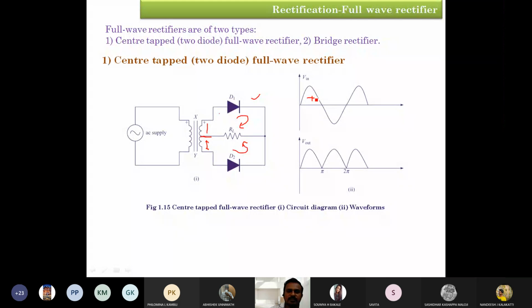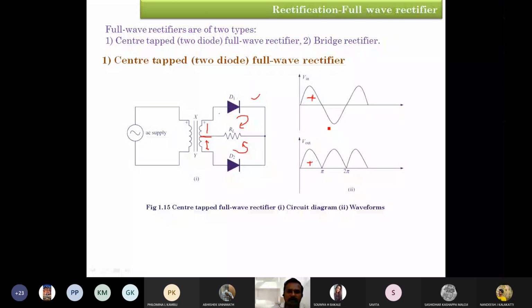V in is nothing but the secondary voltage at the secondary winding of the transformer, in the first half section or second half section. For V in positive cycle, diode D1 is going to conduct. For the second half of V in, diode D2 is going to conduct.